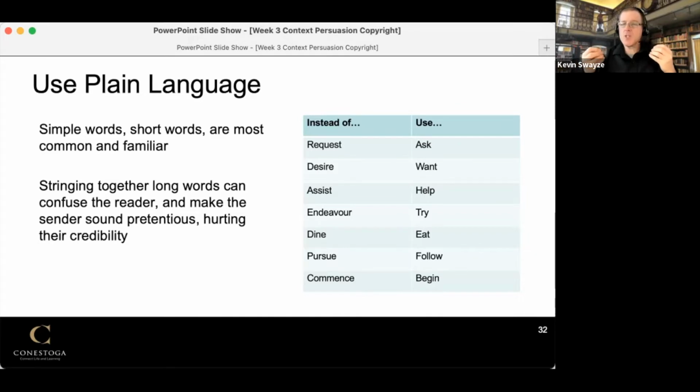Unfortunately, there's a habit that many people I've encountered in North America have. They think that they will sound smarter and more authoritative if they use big words that people don't understand, because they think it elevates them above the people who are reading it. But in my experience, what really happens is people don't even bother. They go someplace else and you're left there by yourself.